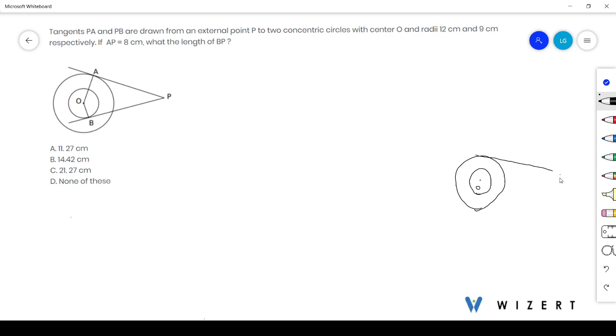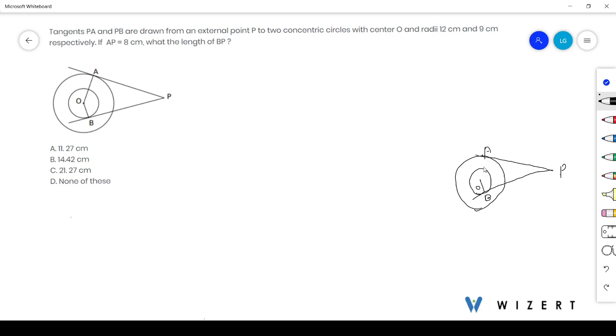Here P is the external point and BP is a tangent to the smaller circle and AP is a tangent to the larger circle.